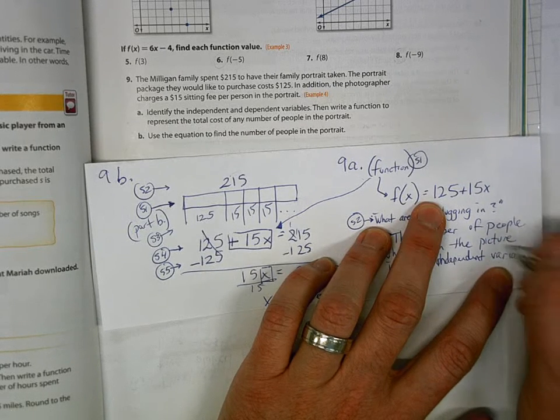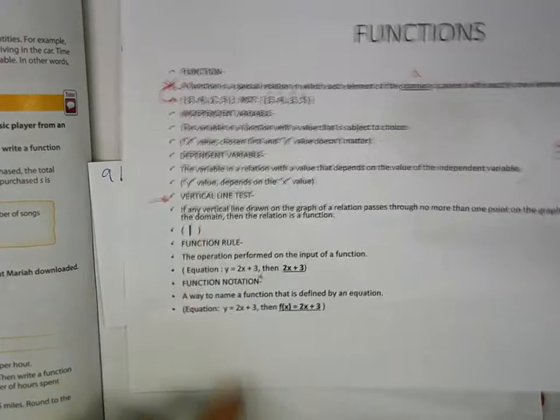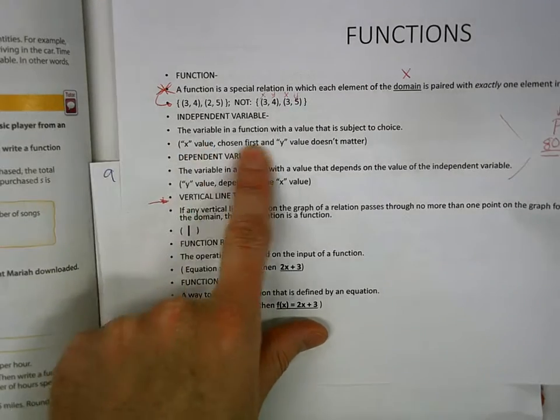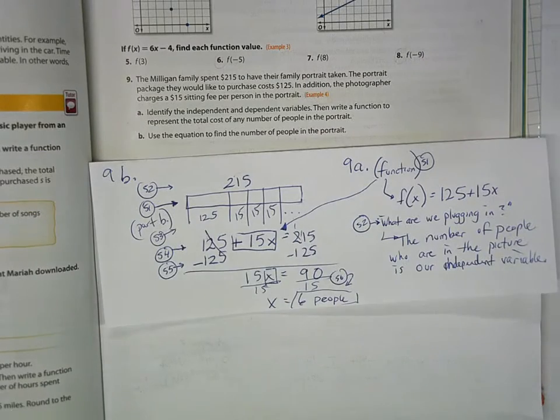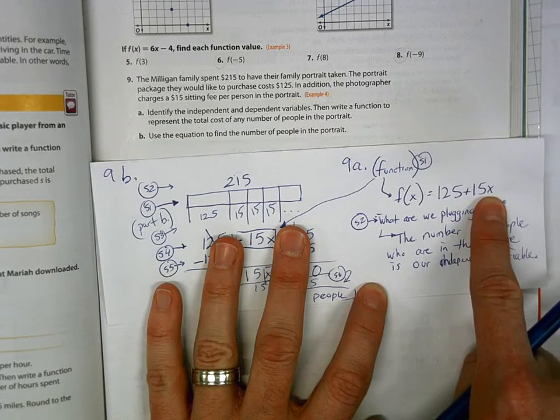Remember with our vocab, independent variables, okay, it's the x value. It's the one chosen first that you're plugging in. And that's, of course, what are we plugging in? It's the number of people. So the number of people who are in the picture is our independent variable.